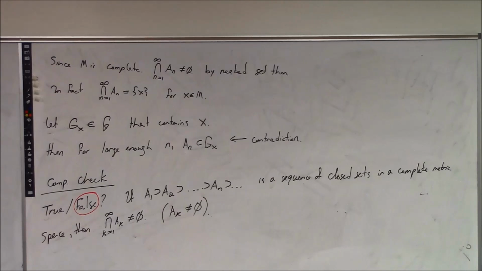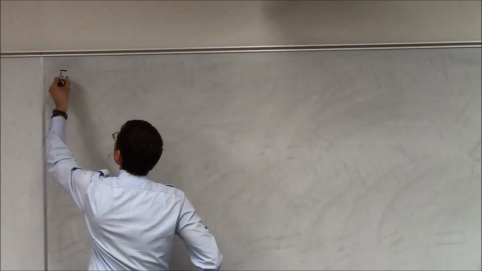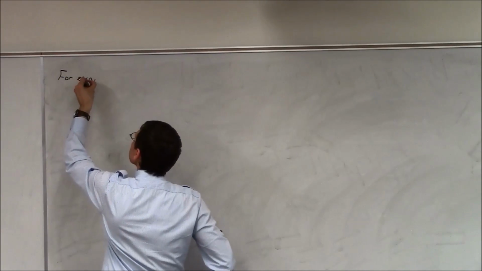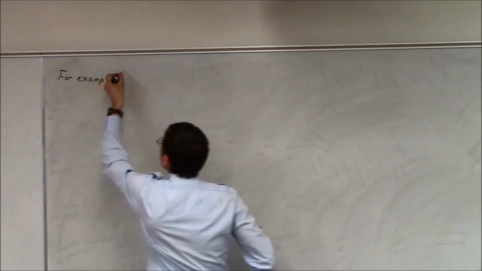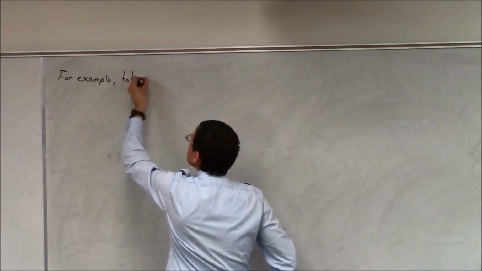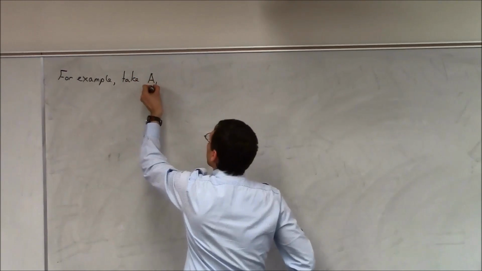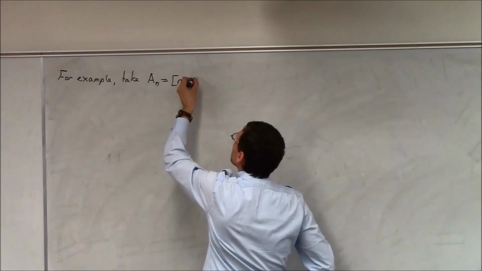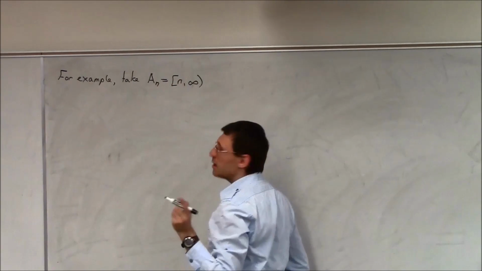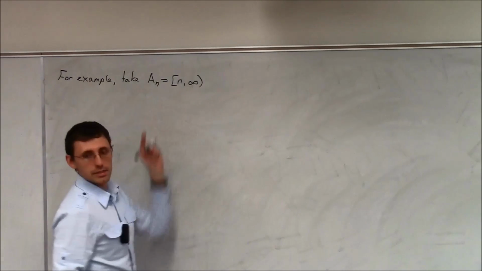So, for example, take A_n to be the set from n to infinity. Okay? So you don't need discrete. You can just take this, right?